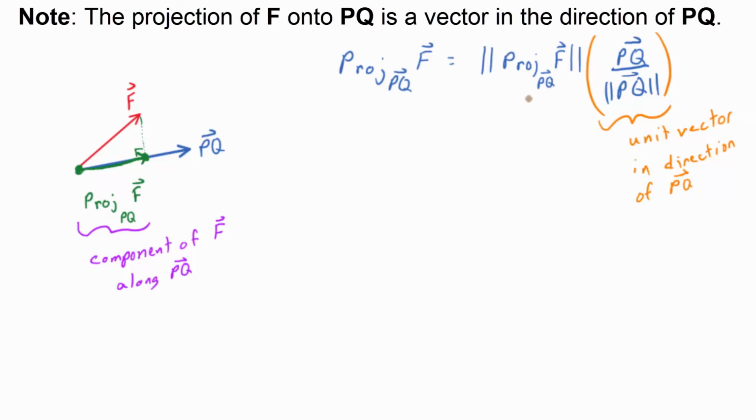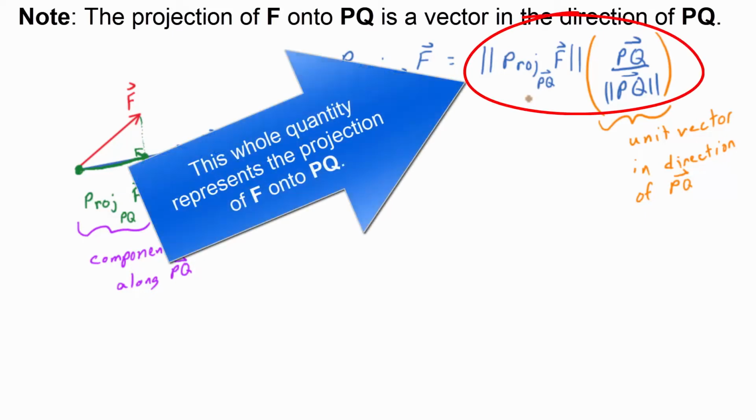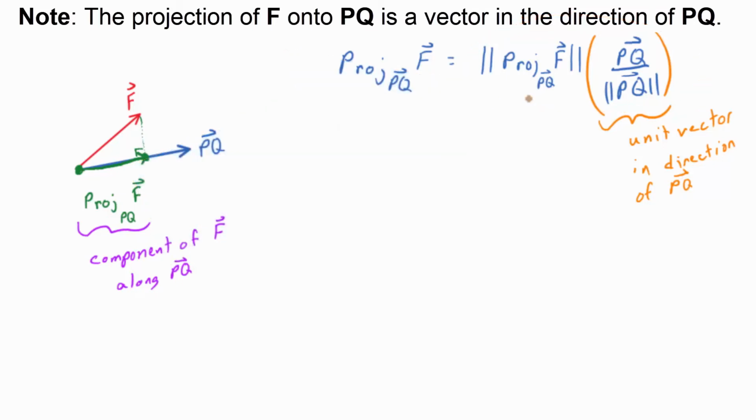So if this vector in the parentheses is 1 unit long and in the direction of PQ, and you multiply it by the length of the projection of F onto PQ, that resulting vector is the projection of F onto PQ. So now we should be able to come up with a formula in terms of our vectors, our dot product and whatnot, that we can use to calculate the projection of F onto PQ.